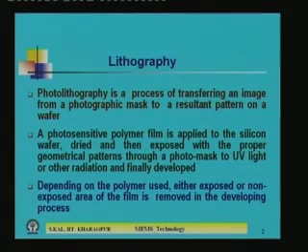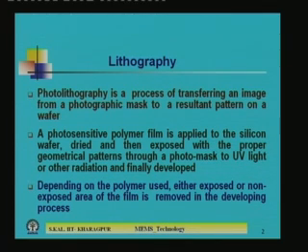Let us first discuss lithography. Lithography, sometimes also called photolithography, is a process by which we can transfer a pattern from a photographic mask to a resultant pattern on a wafer. The transfer of any kind of structure from mask level onto the wafer level is known as photolithography.